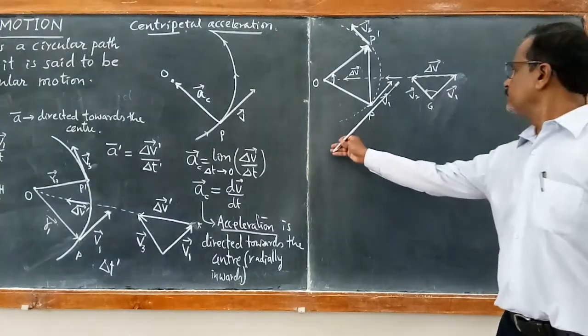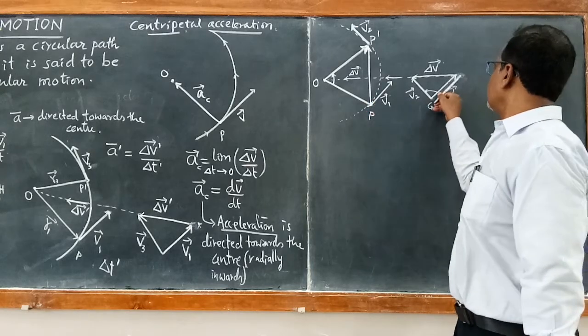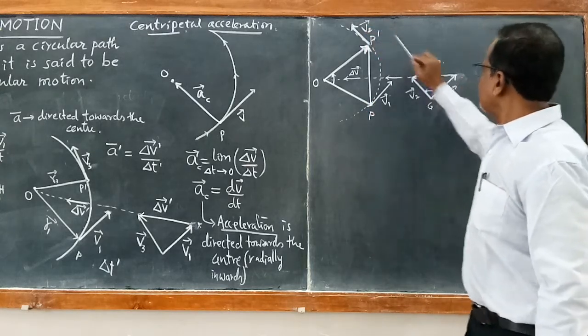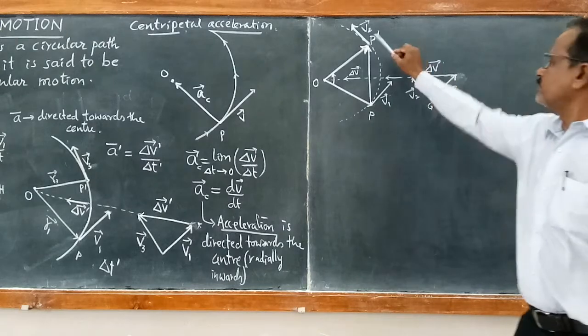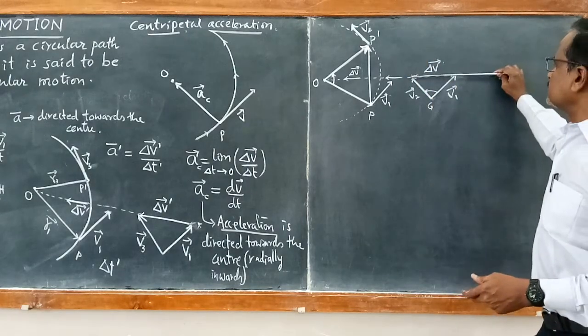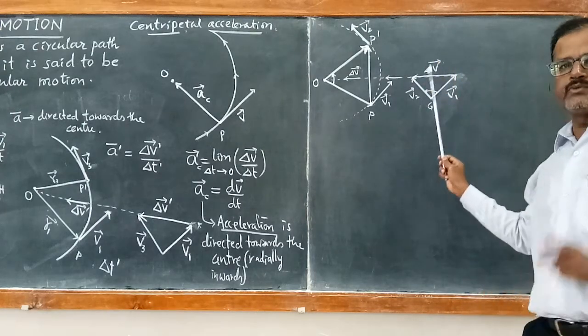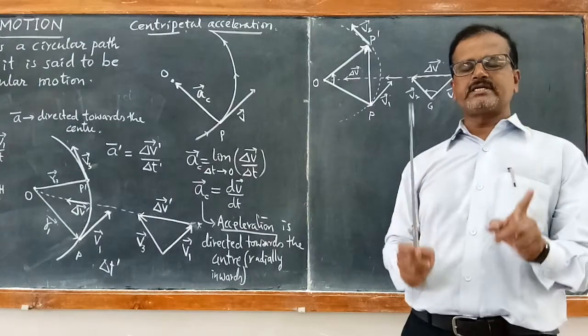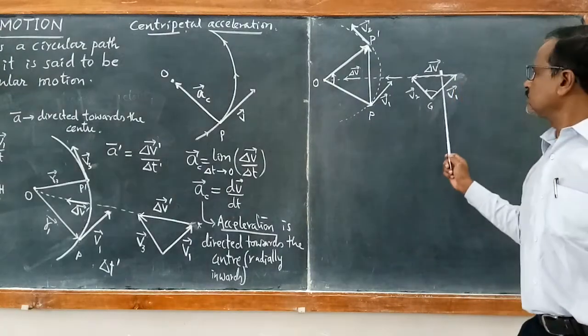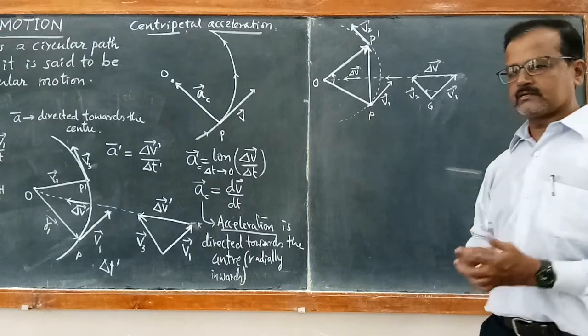Velocity v1, parallel to v1, velocity v2 parallel to v2. So I had drawn parallel vectors, and then I could find out the delta v. See here, the delta v is directed towards the center. So this gives you the change in velocity vector. So the acceleration is directed towards the change in velocity vector delta v. So it is directed towards the center.